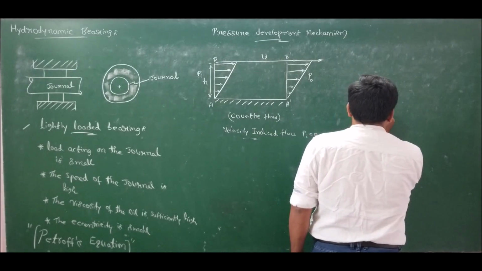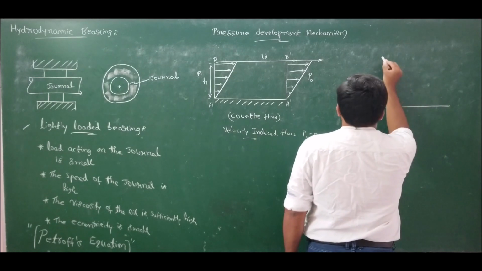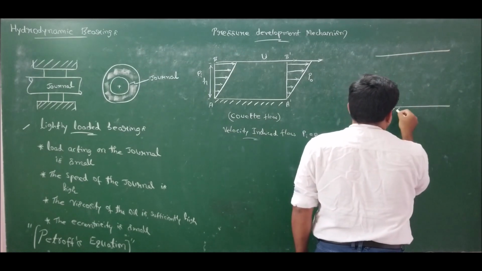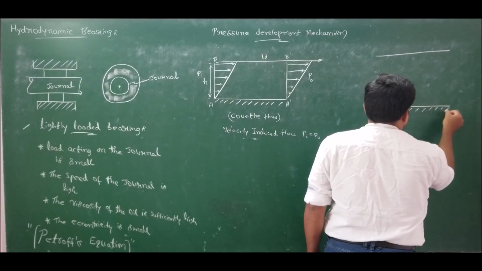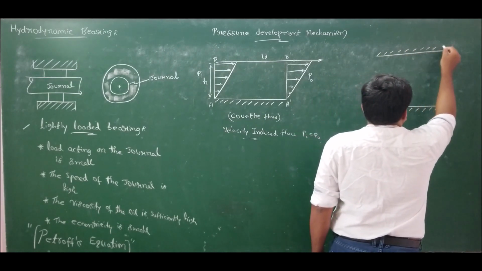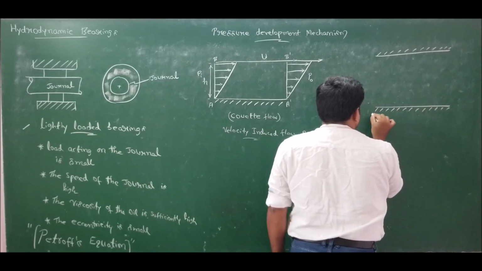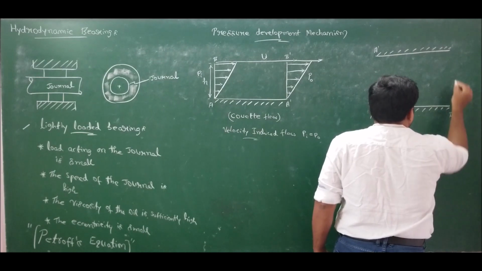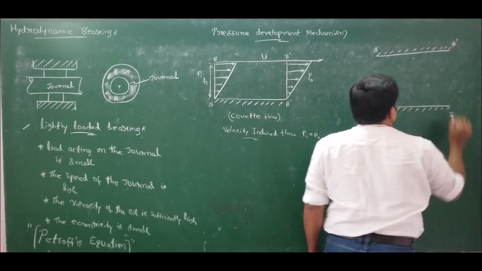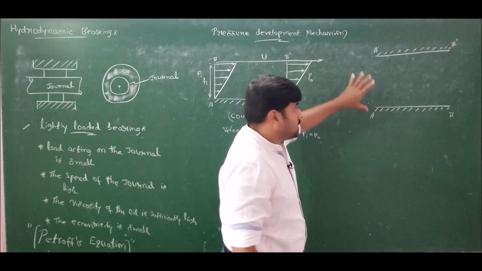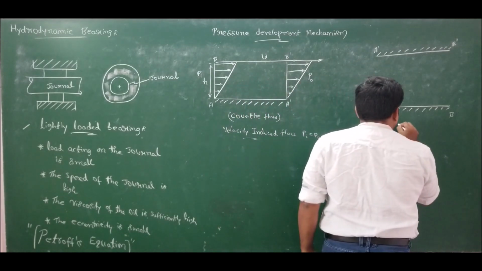Another case is flow between two stationary parallel plates. Let us take case 2 as flow between two stationary parallel plates. Consider two stationary parallel plates like this. Let us take the entrance as A dash and exit as B dash. The flow between two parallel stationary plates is nothing but Poiseuille flow.